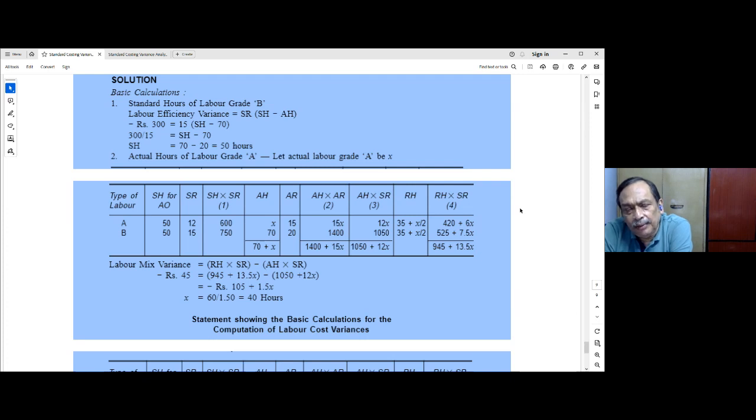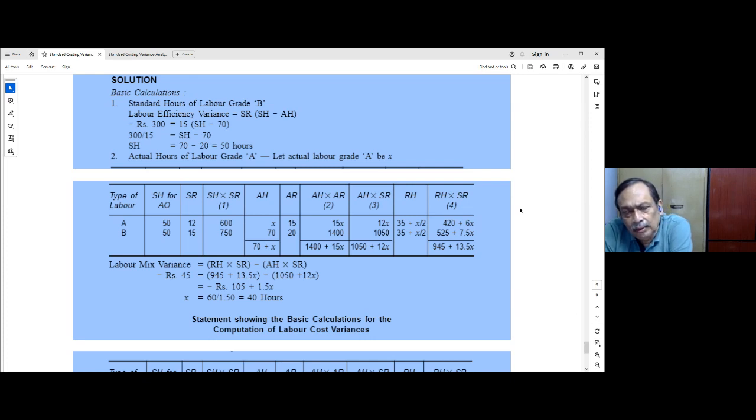So first column type of labor, then standard hours for actual output, then standard rate, then standard hours for actual output into standard rate, that is 1, then actual hours, then actual rate, then actual hours into actual rate, let it be 2, then AH into SR, let it be 3, then revised hours, let it be RH, and finally RH into SR, let it be 4.